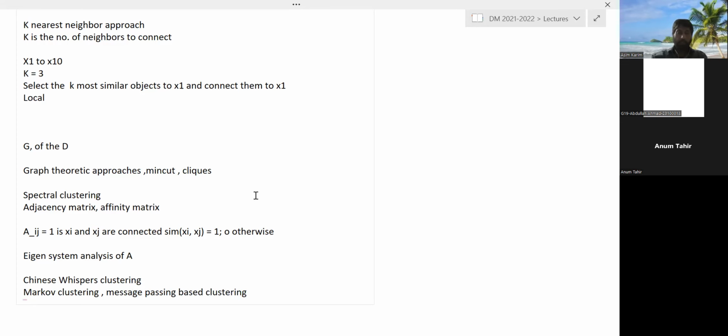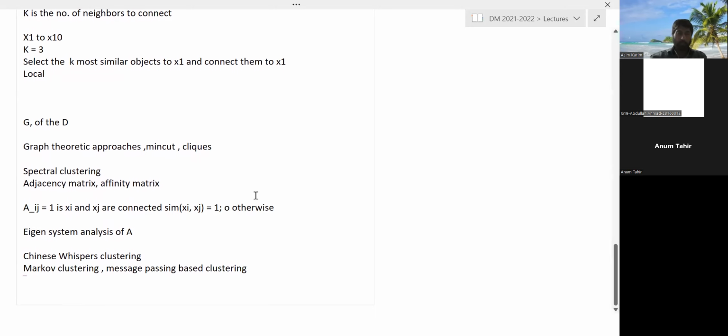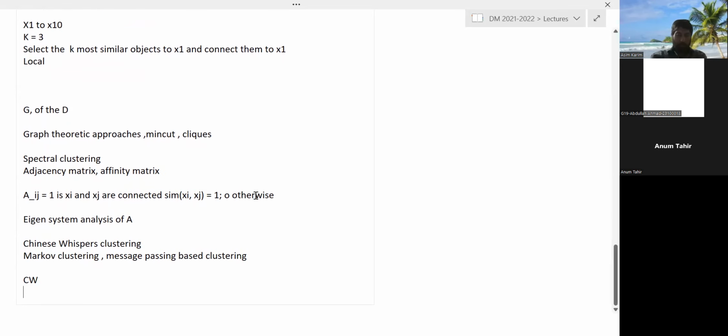So let's specifically look at this particular algorithm, Chinese whispers. Okay. Chinese whispers, by the way, is not in your textbook. इसका एक छोटा सा paper है, वो मैं share कर लूँगा later on. You can always find the paper on the web as well.